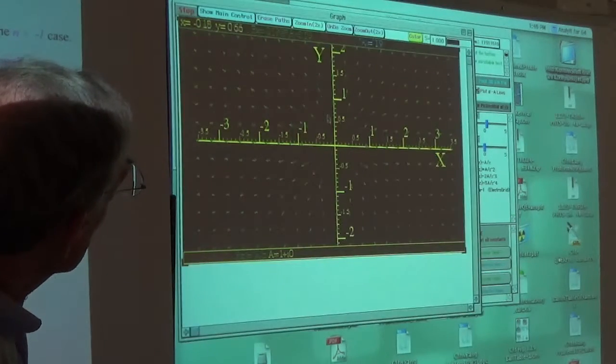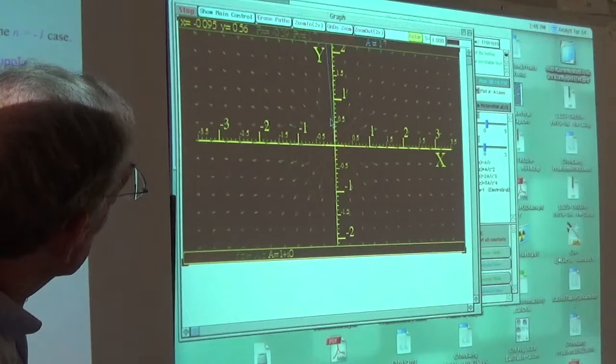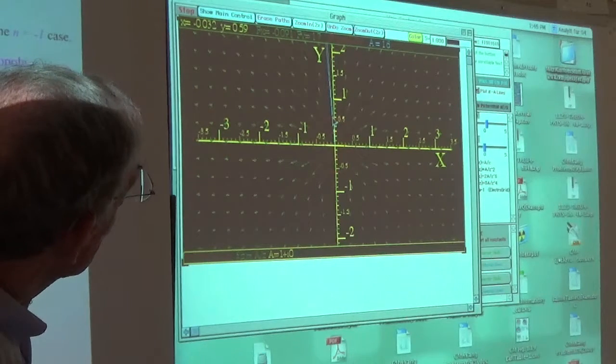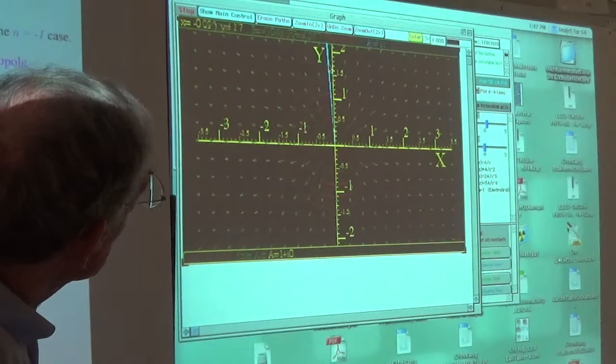But here, I think I can get away with it. I'll just go up the road right here and show you the obvious circles for the scalar potential. And I'm just putting a whole bunch of blue lines on there. And then I'll go around here and make some gray lines.